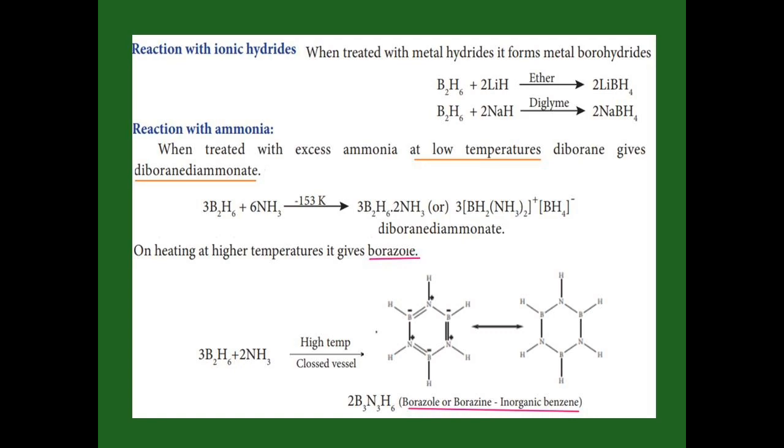The 3 nitrogens are also alternately present. Then each boron and each nitrogen is linked with hydrogen. This structure is like a benzene form, so borazol or borazine is called inorganic benzene. It is an important one word, girls. The borazol formula is B3N3H6.